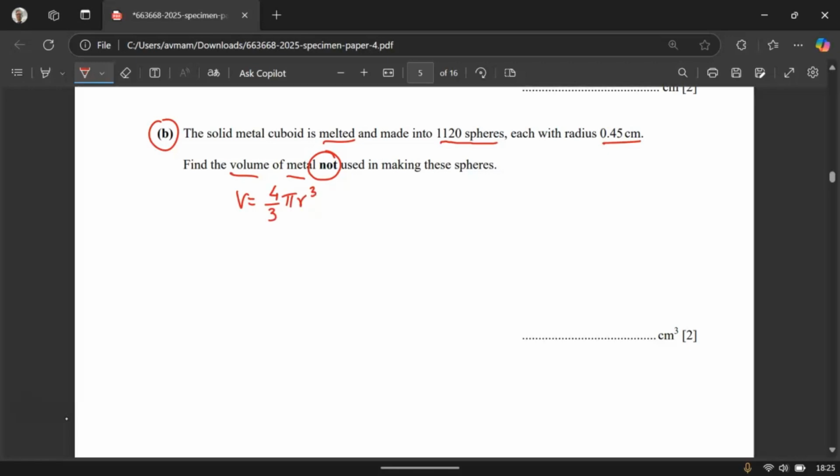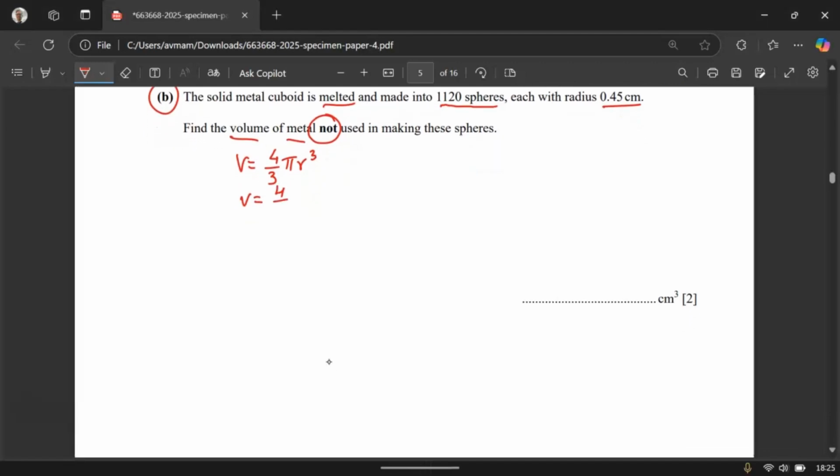Let's find the volume of each one of the spheres. Okay, so volume equal to 4/3 pi times 0.45 cubed, and you can take your calculator. It gives me 0.381704. Let me round this to 4. Okay, this is the volume of each sphere.